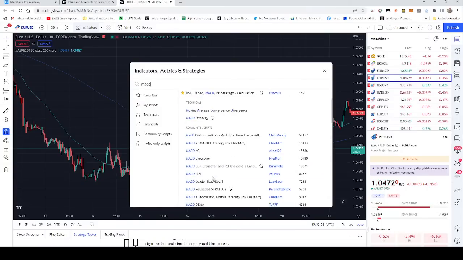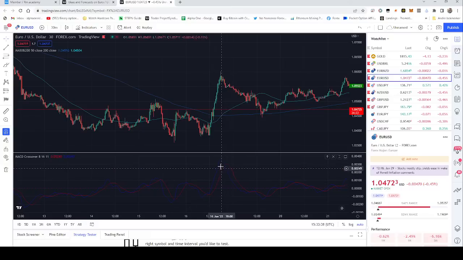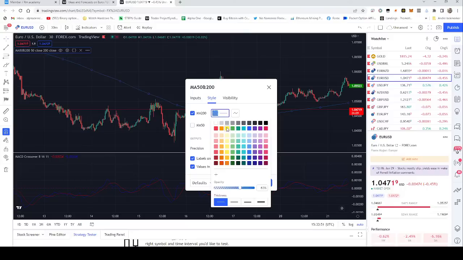So let's just go down. Here you see MACD crossover. You can use whatever MACD you want as long as it's a crossover. Crossover means that you have two lines, one yellow and one red. So like the DC strategy, we are going to remove the 50 because we don't need it. We change this one to yellow, like that.